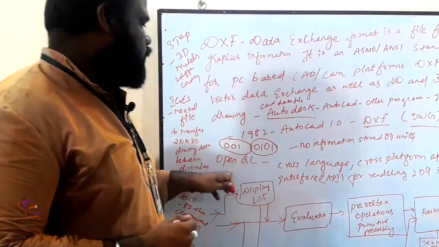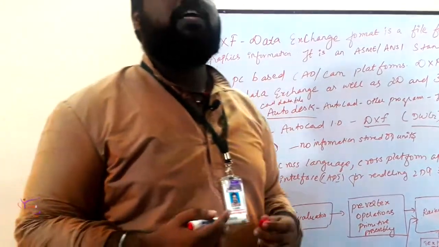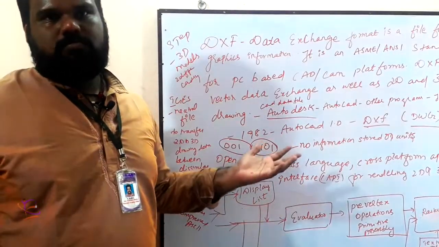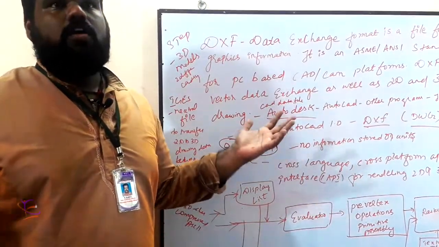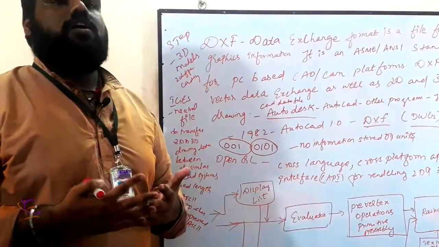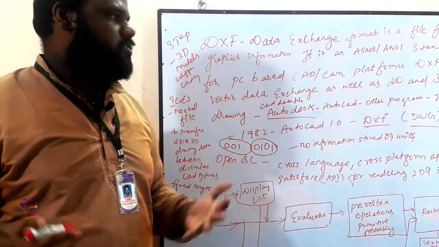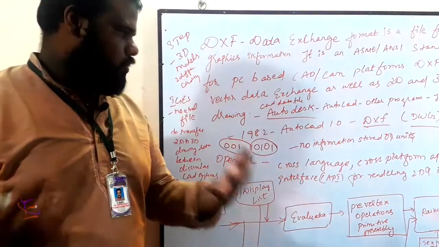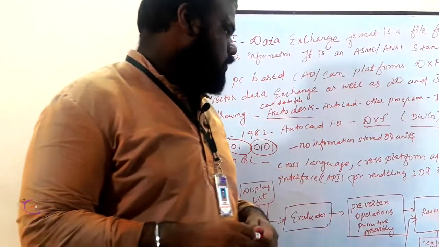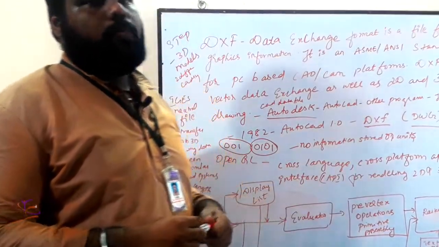Now we'll go for OpenGL. OpenGL is Open Graphics Library. You know what a library is? In your college, you have a library where you have a collection of books, volumes of books, different books, novels, short stories, core books, etc. Now OpenGL is a library of open graphics.